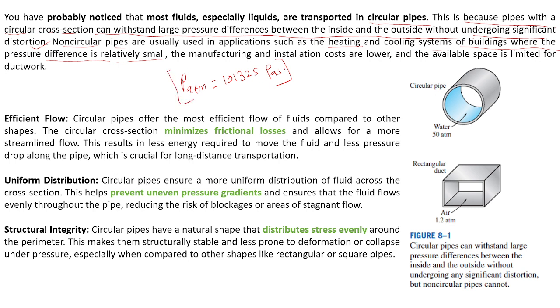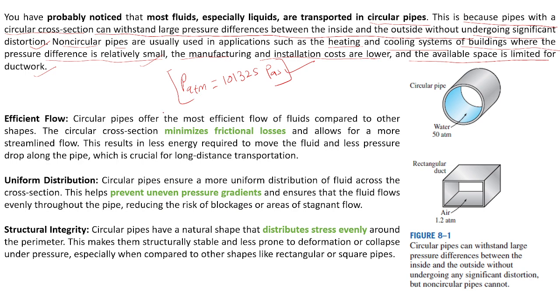This is a huge pressure. But what is written here? The pressure difference is relatively very small. The manufacturing and installation cost are lower and available space is limited for ductwork. So in this case we will use the non-circular pipe if the available space is limited for the ductwork or the manufacturing and installation cost is lower.